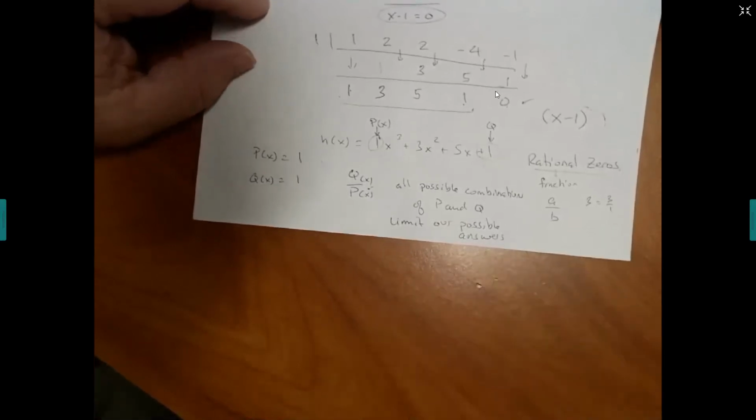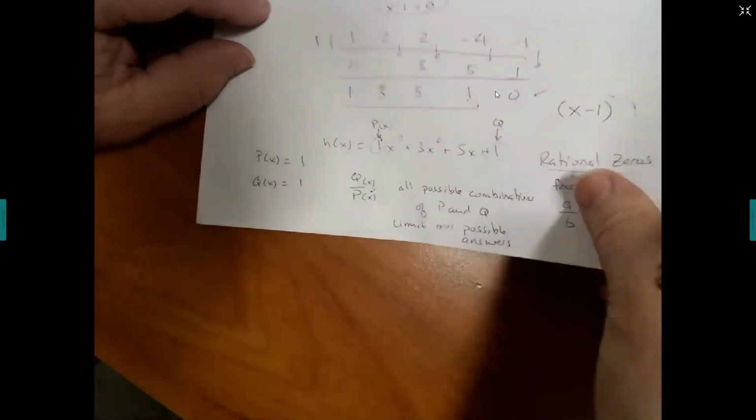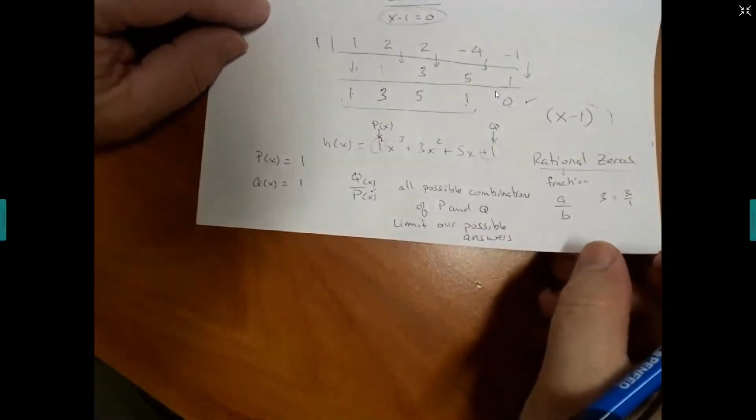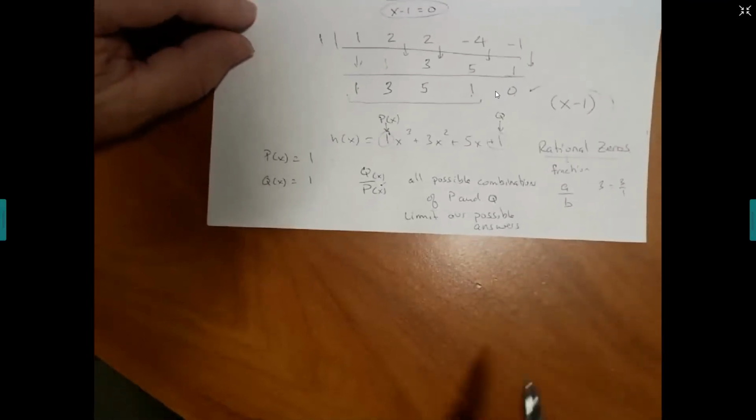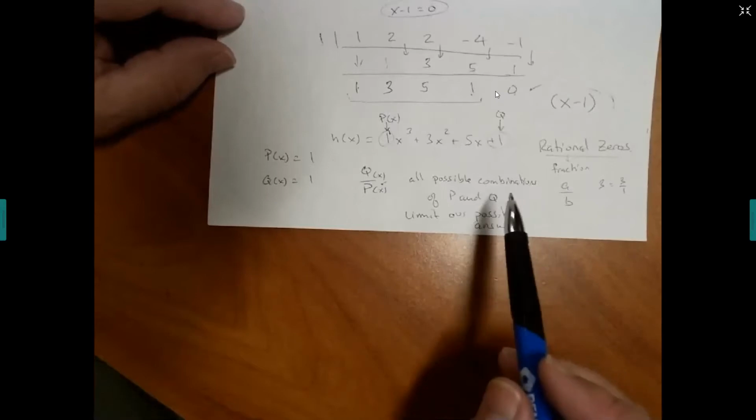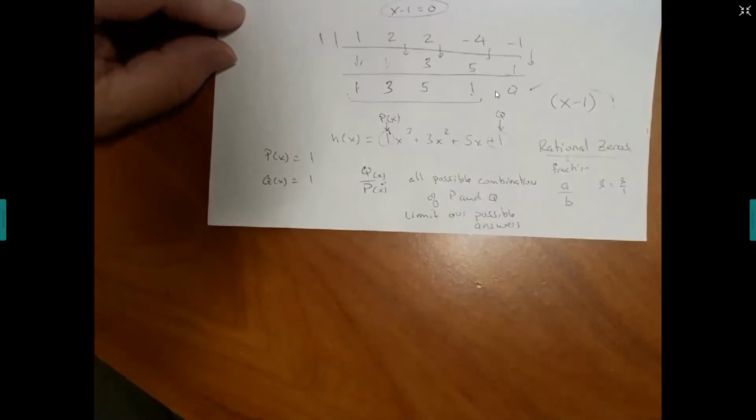Now we've limited our possible answers. Once we find all the possible zeros, we just use synthetic division and see which ones give us a zero, and then that's our answer.